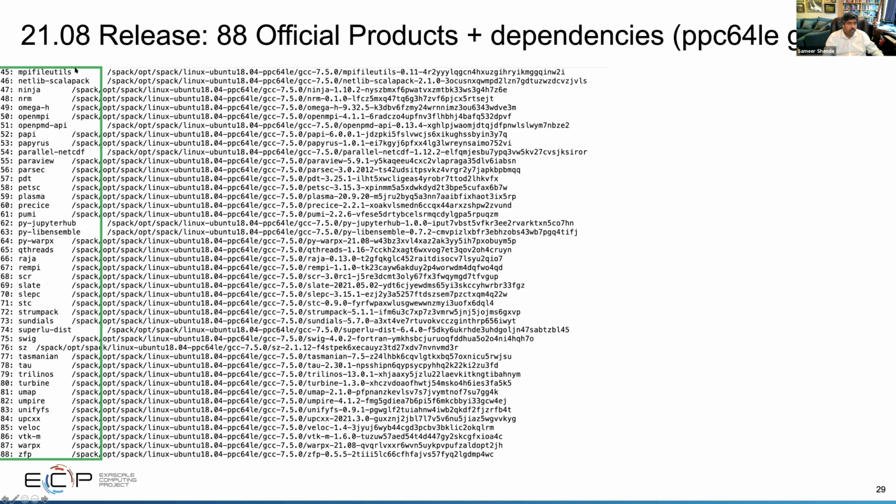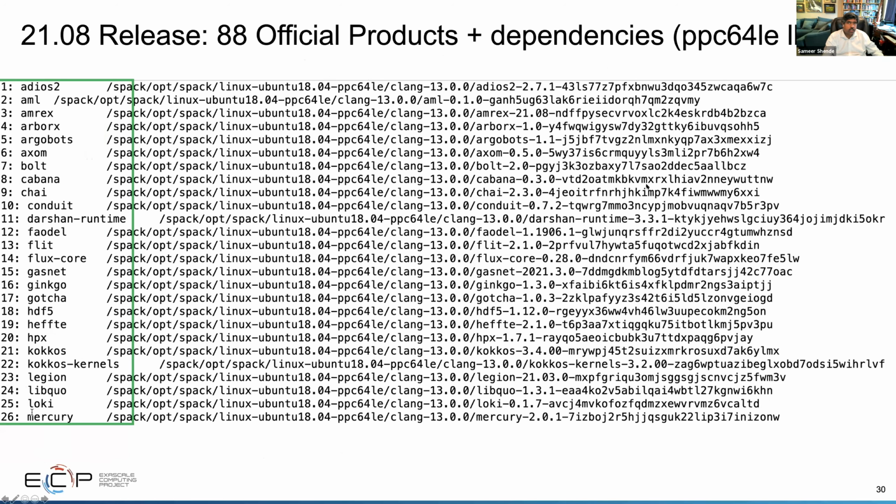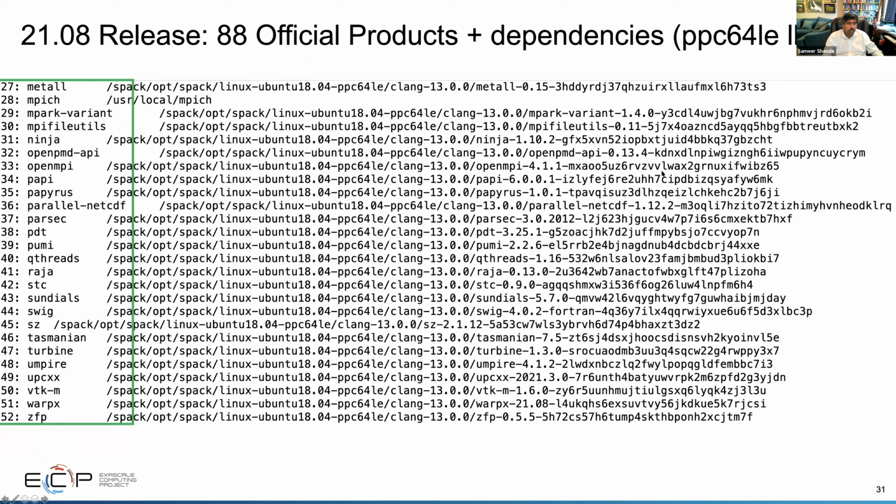You have these 45 through 88 packages. So there are 88 official products for GCC with PPC64LE. And these are the ones with LLVM compilers. You can see over here we have about 52 products that we are able to build with PPC64LE with LLVM. And there's an MPI there which uses LLVM compilers internally.